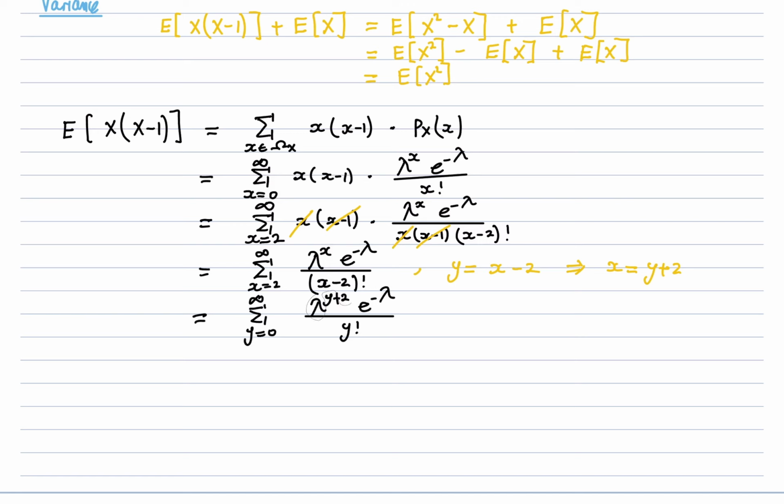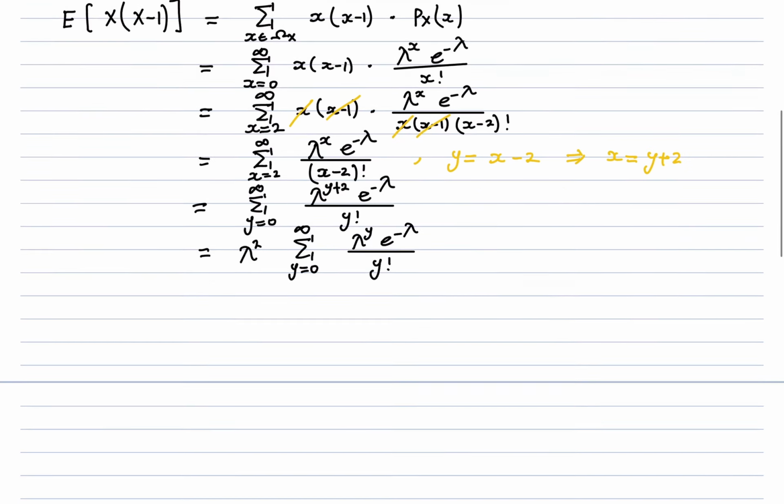The only difference is that this lambda to the power of 2 here, we can again take out the front of the summation because it doesn't depend on the index of the terminal. So we've got lambda to the y, e to the negative lambda, all over y factorial. And now again this expression becomes the sum of a PMF.